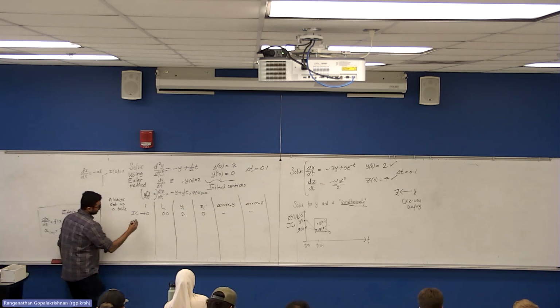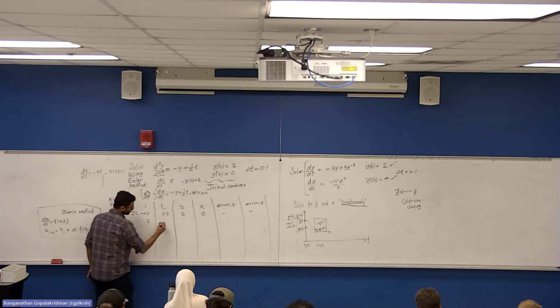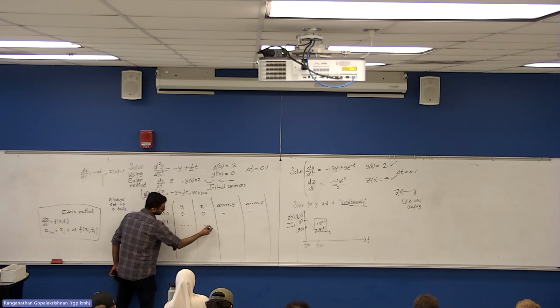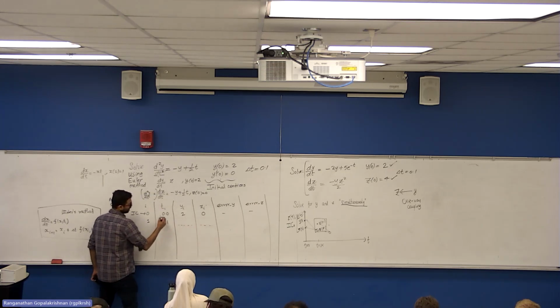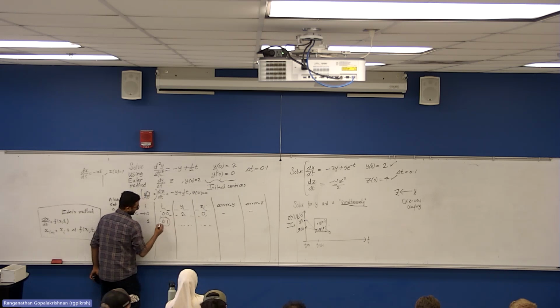Okay. Next iteration, I want to use a time step of delta t of 0.1 as suggested. All the values that I calculate in the second row will depend only on the values in the first row, and won't depend on this time yet.